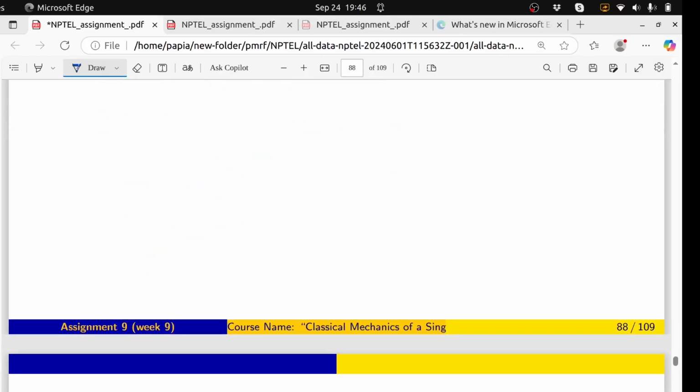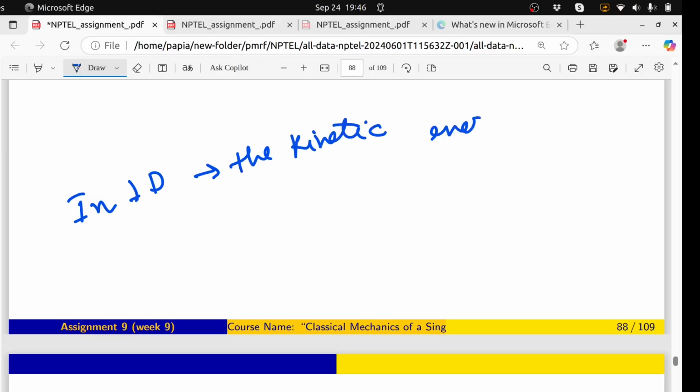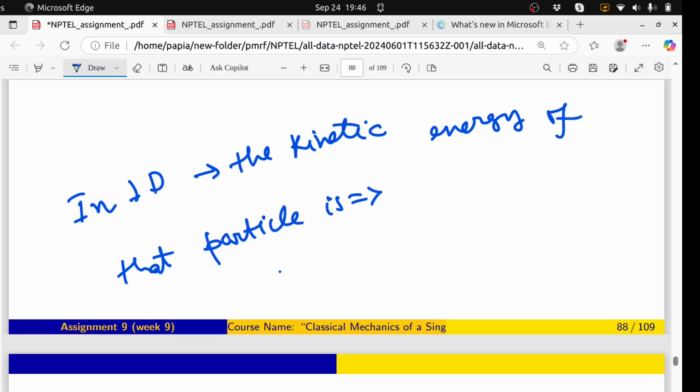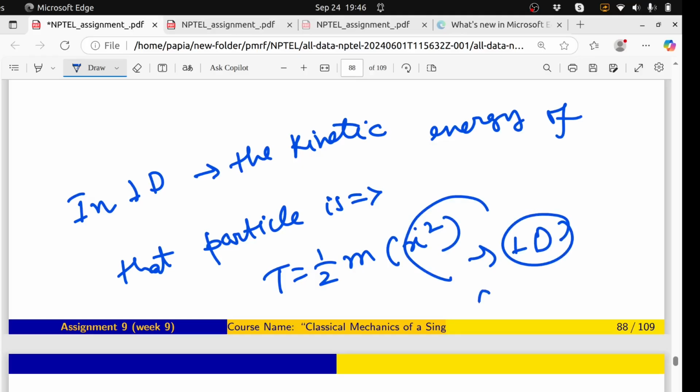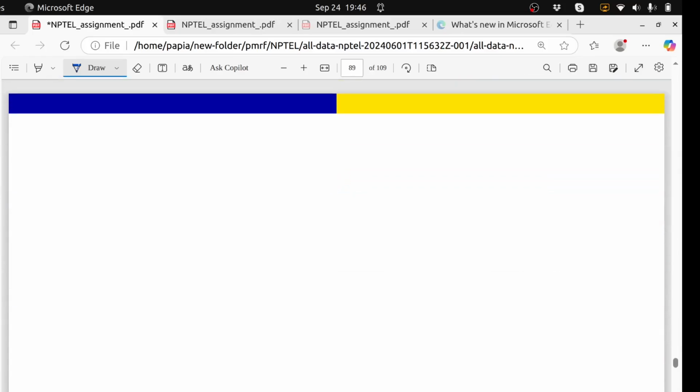Now we can see that in 1D the kinetic energy of that particle is T equals half m x dot square. Why is it x dot square? Because it is 1D, so only one generalized coordinate.